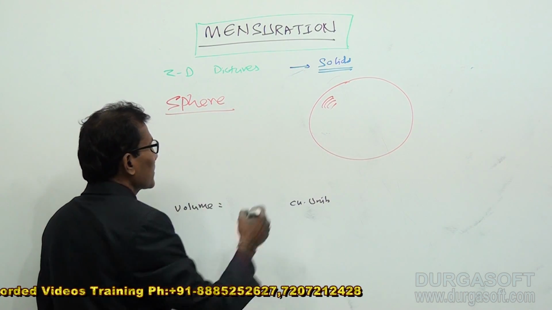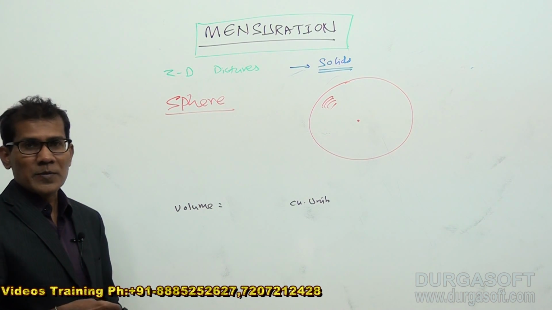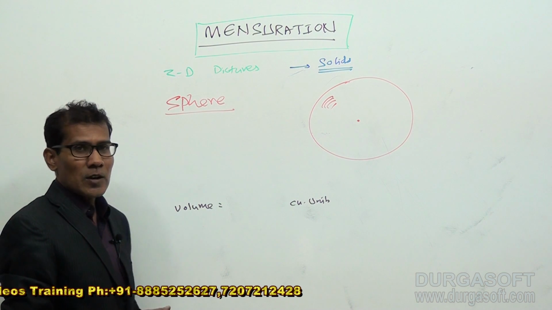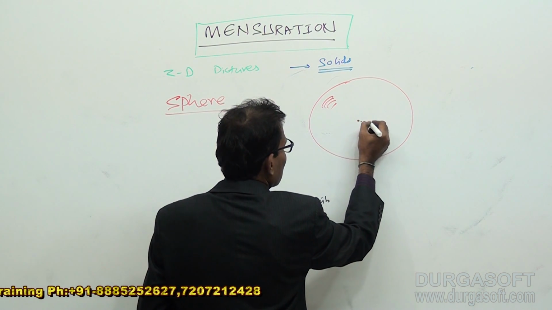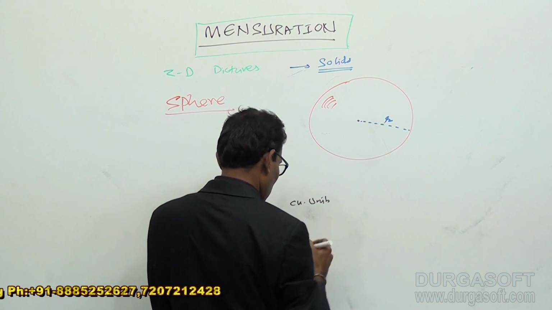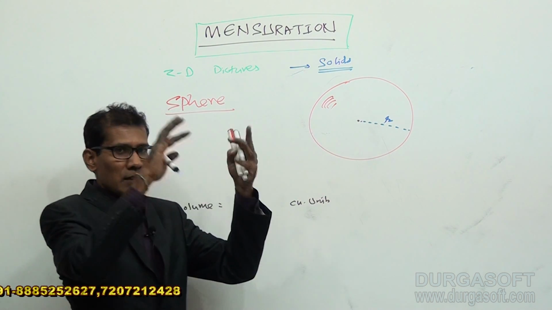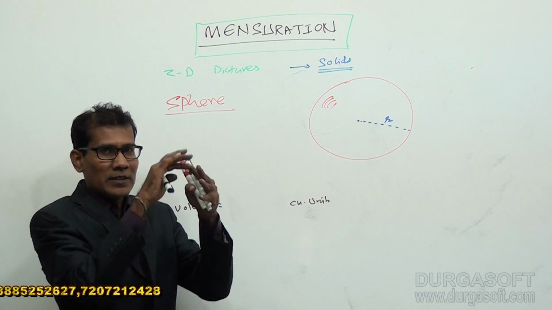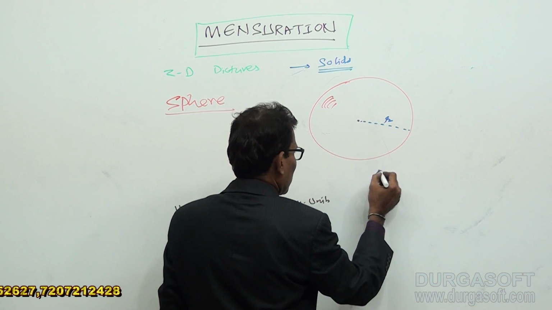For the sphere, it is not a circle. There is a big difference between the sphere and circle. Sphere is a solid, circle is a 2D figure. So even for the sphere, this is the base radius. The radius is nothing but from center of the sphere to any point on the surface of the sphere. So it is the radius of the sphere.